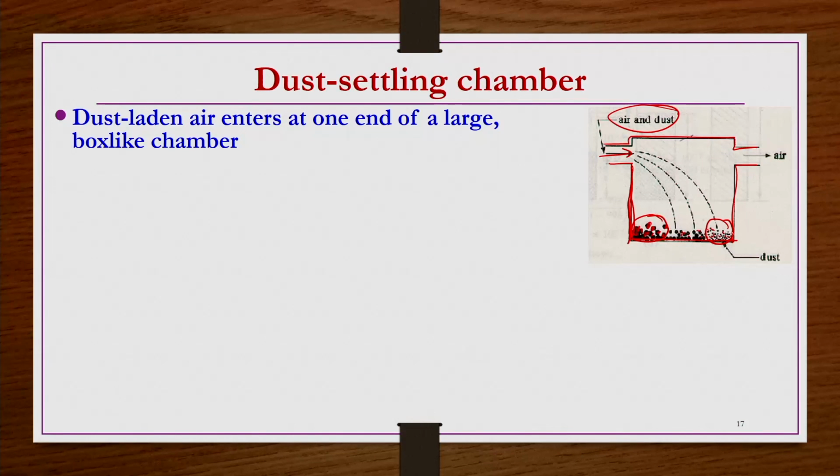So, all the particles would settle here, and almost clear air will go out. This is the basic concept: solids settle at the bottom, and clear air passes through from the top.